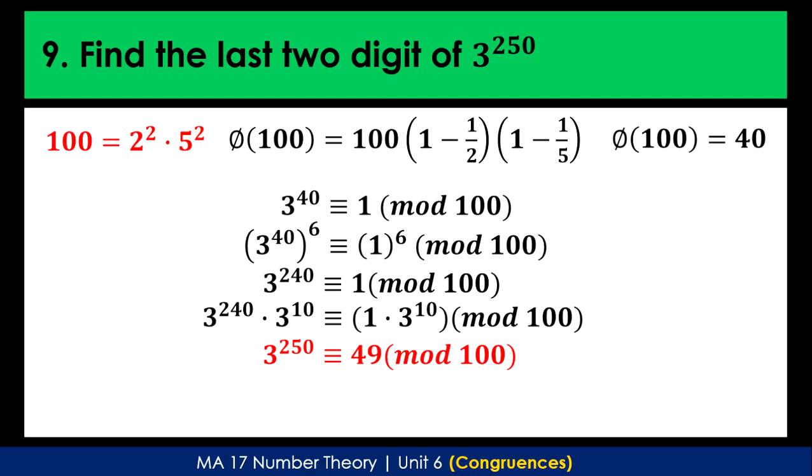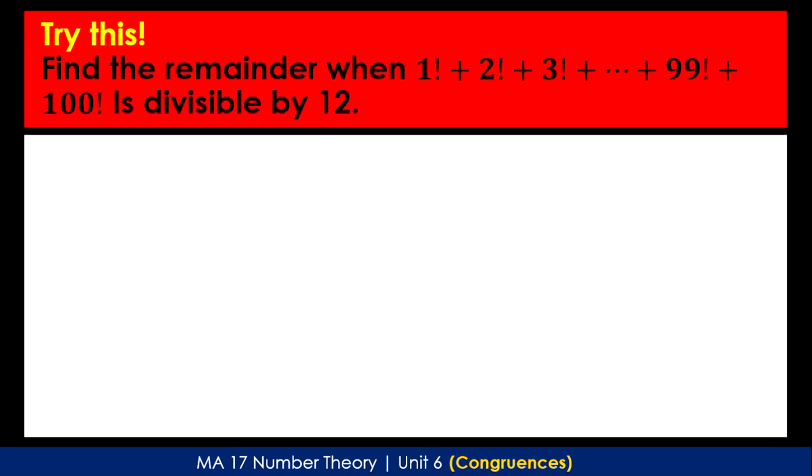But let's first go back to one of the questions during your quiz B in our math week. Let's try to solve this. Find the remainder when 1 factorial plus 2 factorial plus 3 factorial, up until 99 factorial plus 100 factorial, is divided by 12.